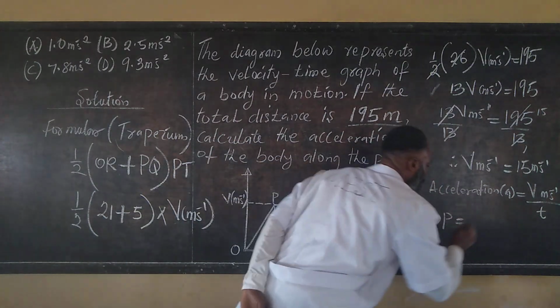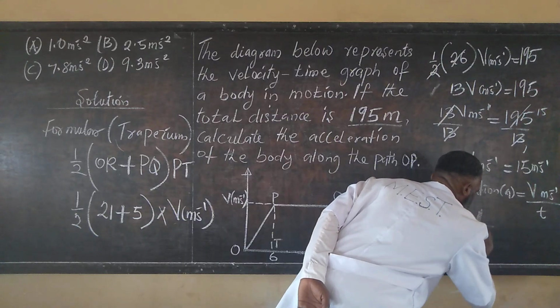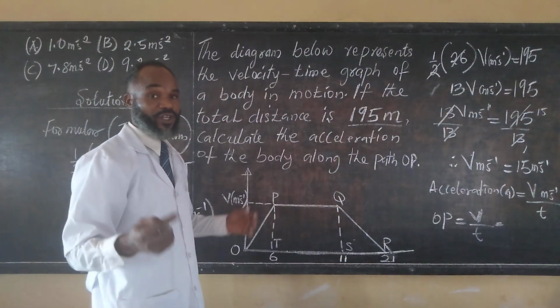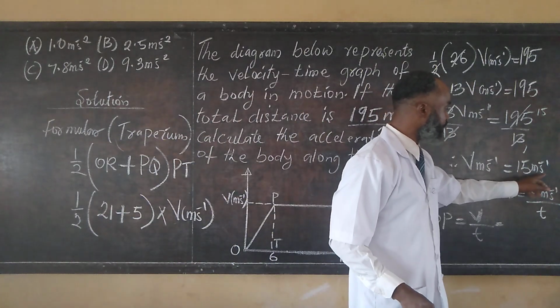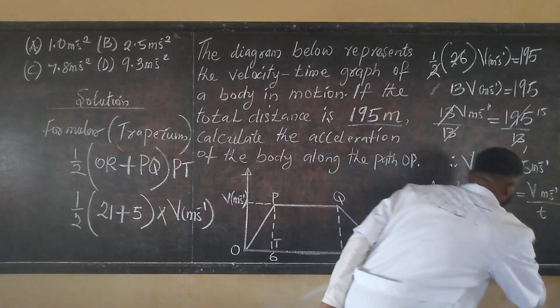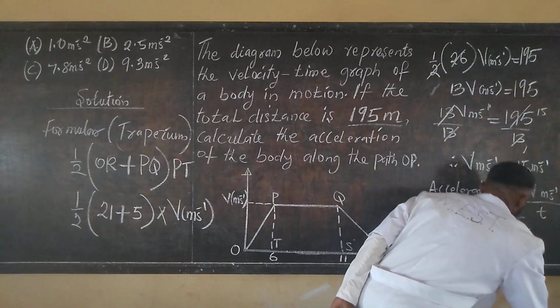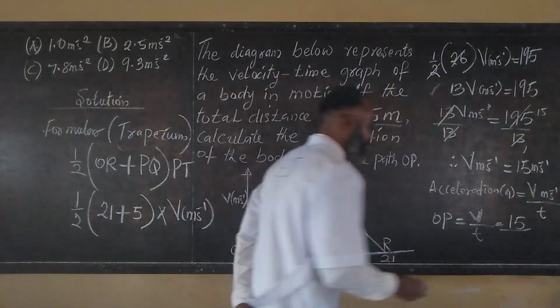So what is V? V is the velocity of the body in motion, and it's been found to be 15 meters per second. So we have 15 meters per second all over the time, which is 6.